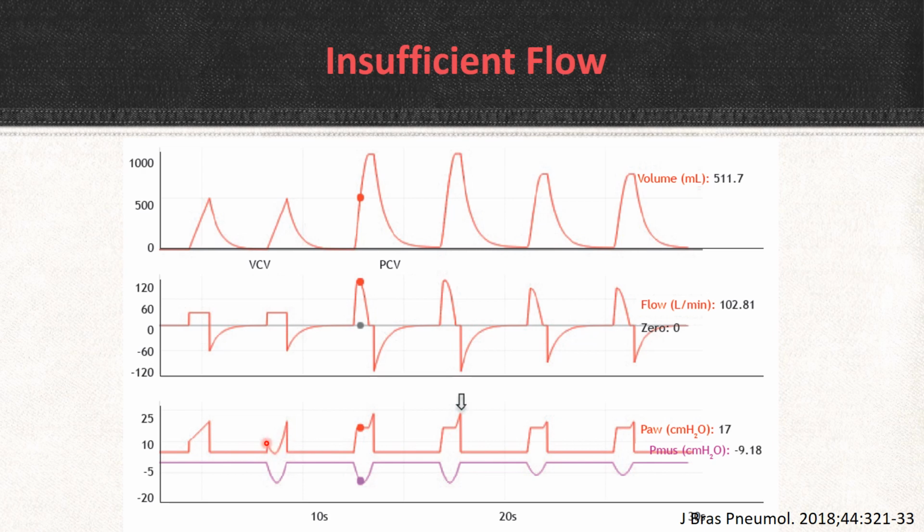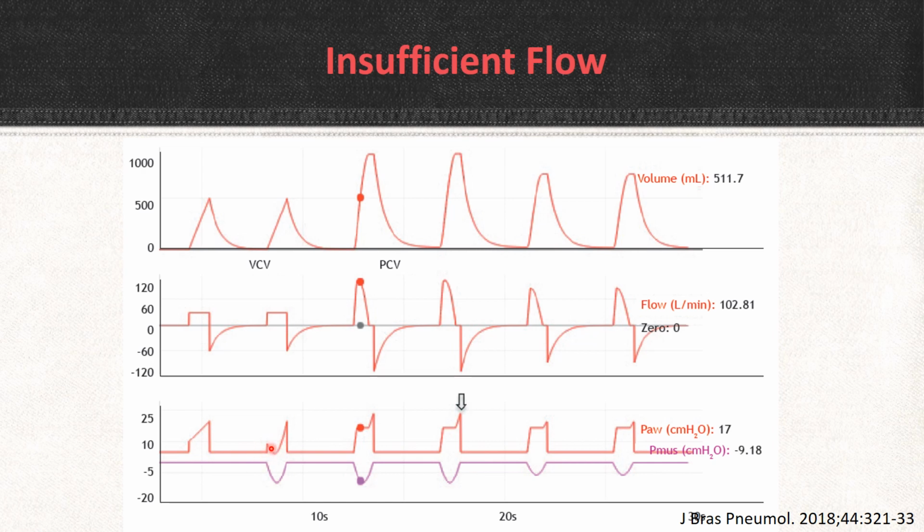That is actually because at the beginning of inspiration, the patient feels air hunger and feels insufficient flow. That is why the patient tries to take a deep breath and the diaphragm contracts. As a result, there is dipping in the pressure waveform in volume limit ventilation.